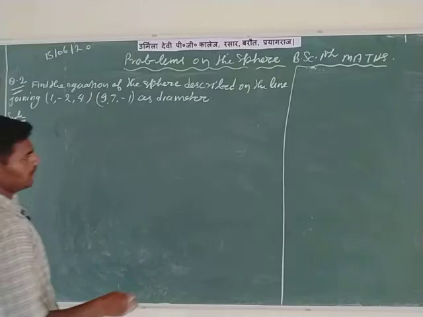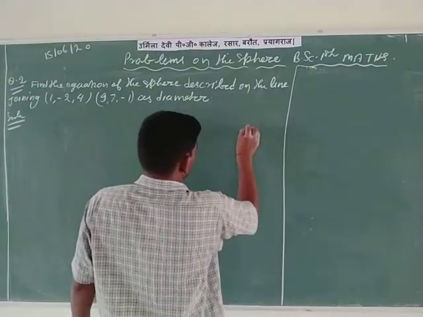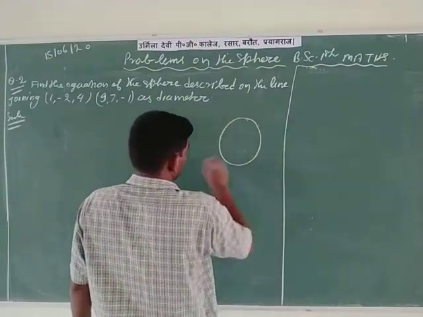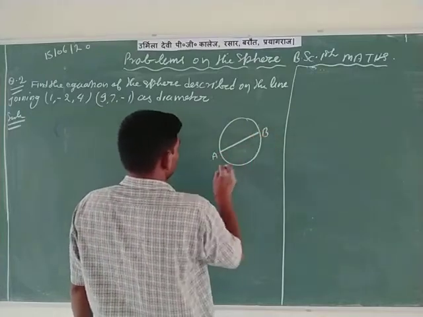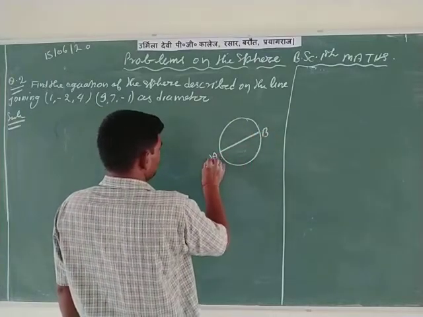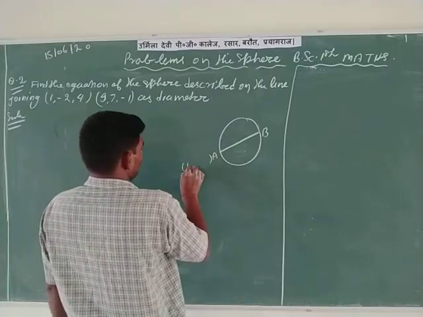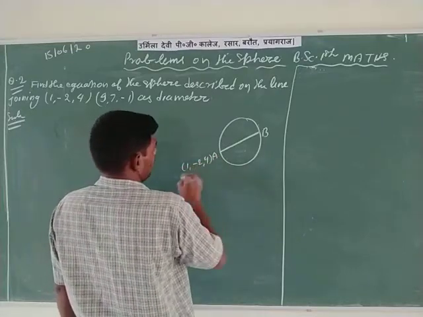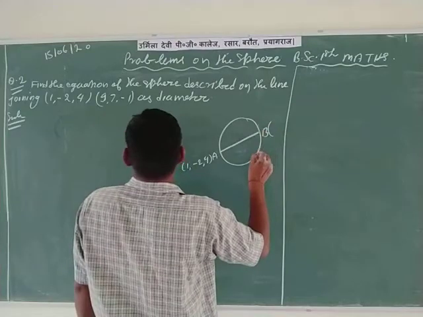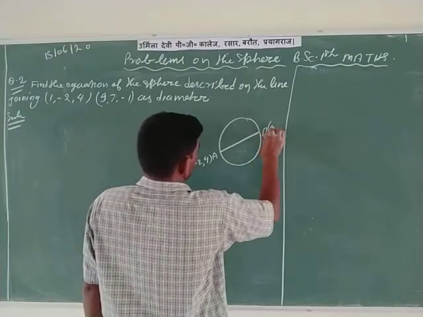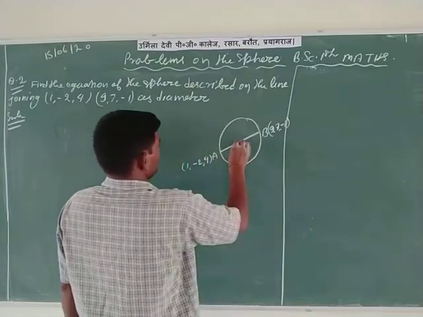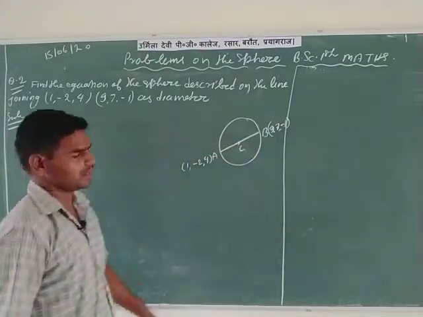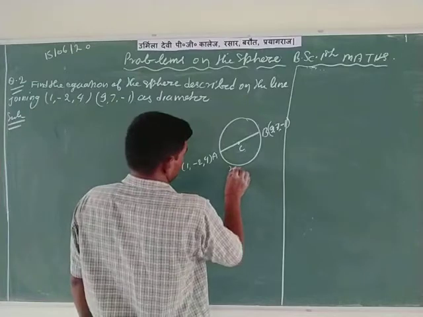So in this question, write the solution. Describe a figure whose diameter is, suppose, capital A and capital B, and the coordinates are 1, -2, 4 for the first point, and the second point is taken as capital B, whose coordinates are 9, 7, -1. Suppose that the center is capital C, of the required sphere.